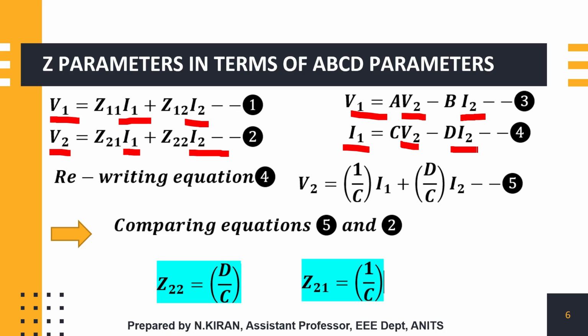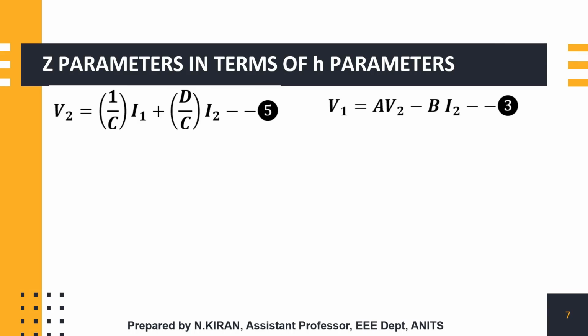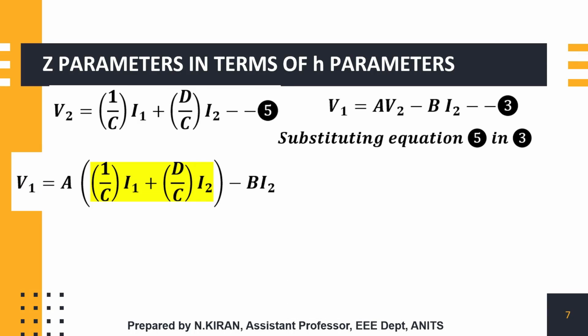After obtaining these two, in order to compare the first equation and third equation, here I should eliminate V2 and get I1 so that I can compare it with the first equation. So substituting the fifth equation in the third equation, which will give me V1 is equal to A V2, and instead of V2, I will substitute the fifth equation, minus B I2.